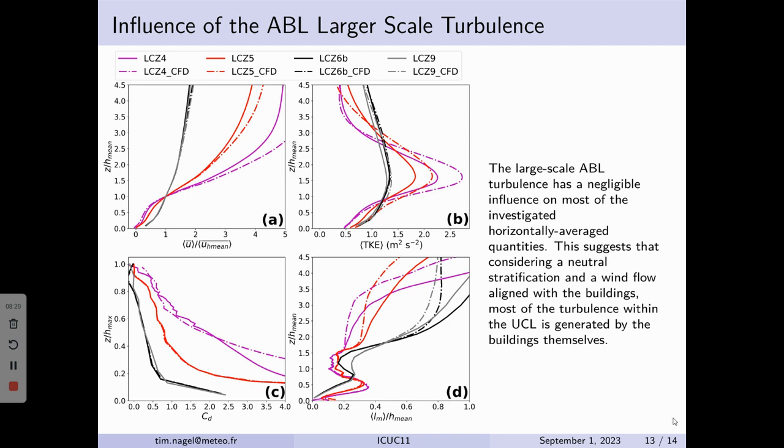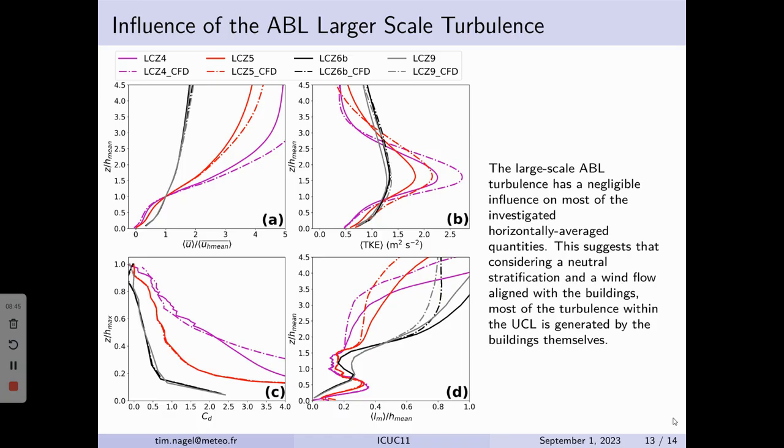We also looked at the influence of the large-scale turbulence, for which we made a considerable effort to downscale the boundary layer turbulence to this 1 meter resolution domain. So for all the different quantities that we have investigated, we compared with using just the 1 meter resolution domain alone, which means that the turbulence is only generated by the buildings themselves.